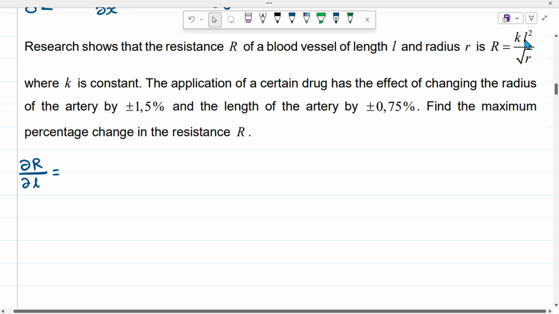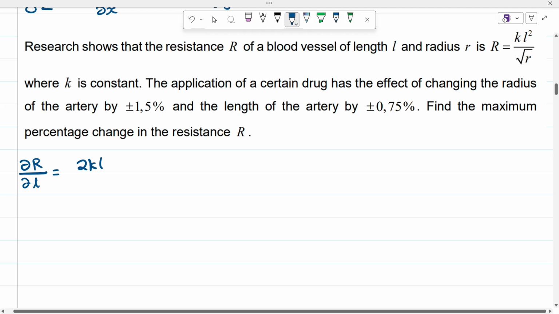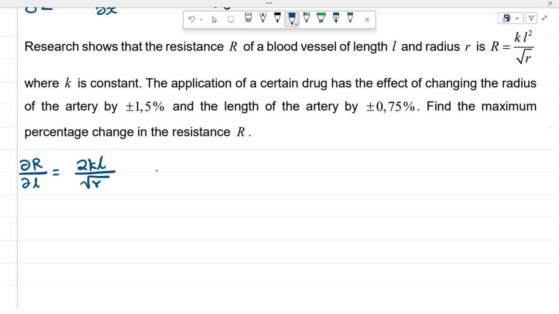So this is going to be 2KL divided by root of r.